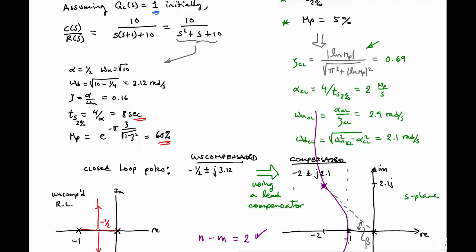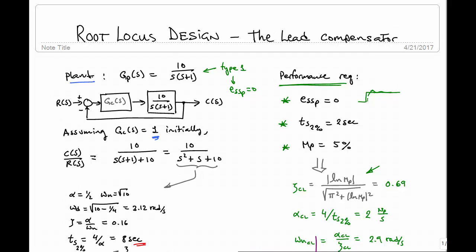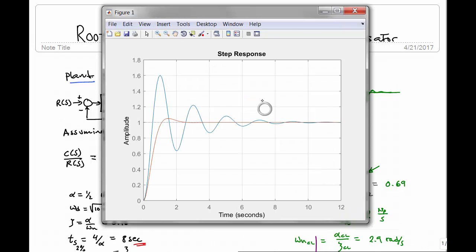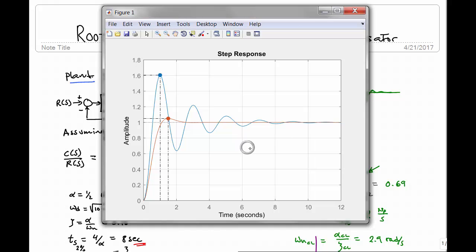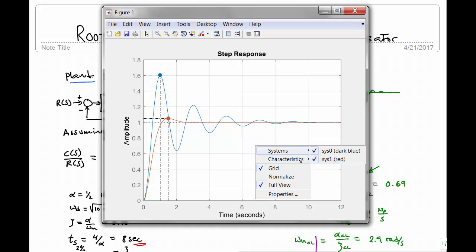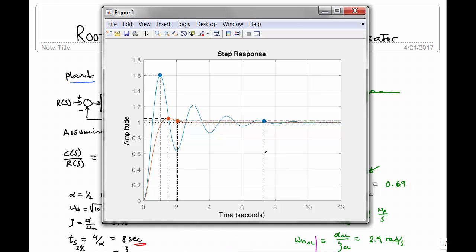We're expecting a settling time of 8 seconds. So we can right-click, characteristics, peak response and settling time. And we see for the original system, the settling time is 7.3 seconds.